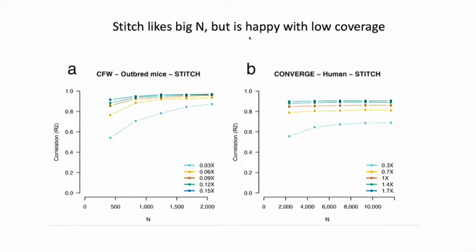This is an outbred mice population where they do it on 500 mice. They do extremely low sequencing, like 0.1x, and they get extremely good imputation. Again, these outbred mice probably have many fewer founders and much more LD than our population.